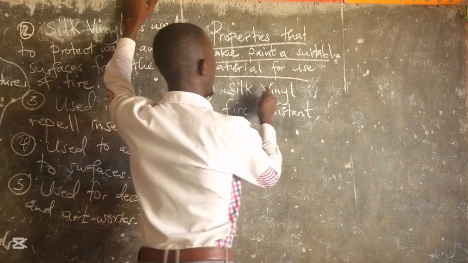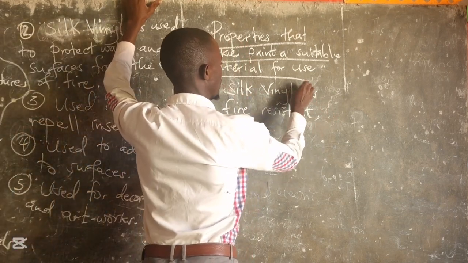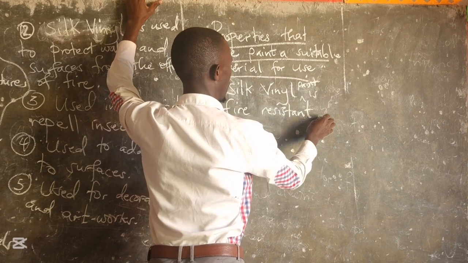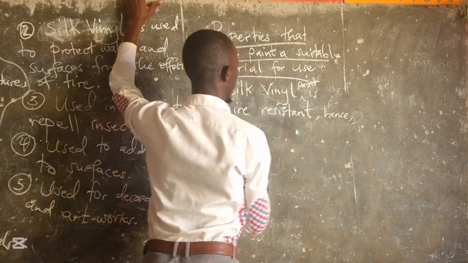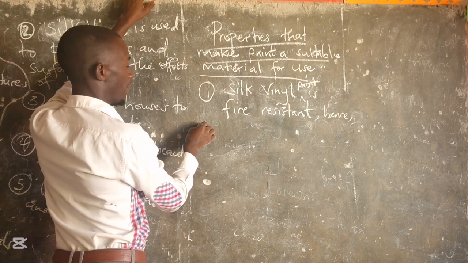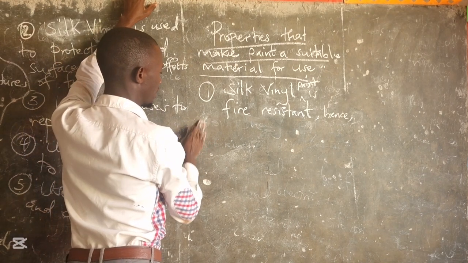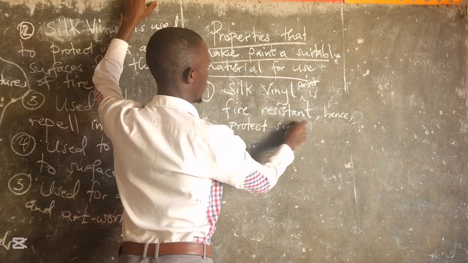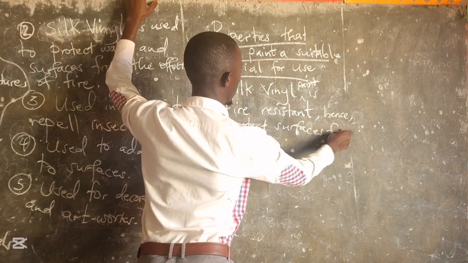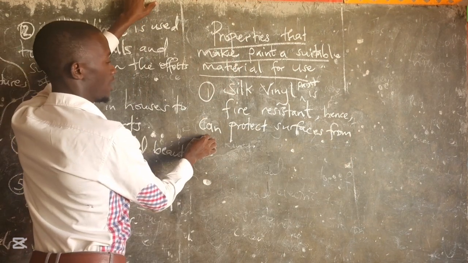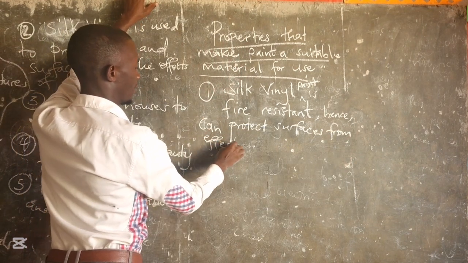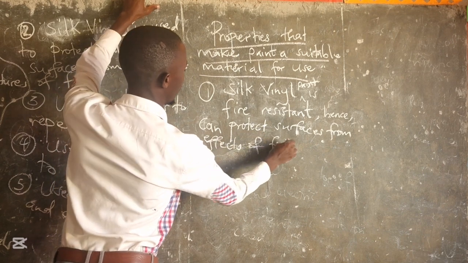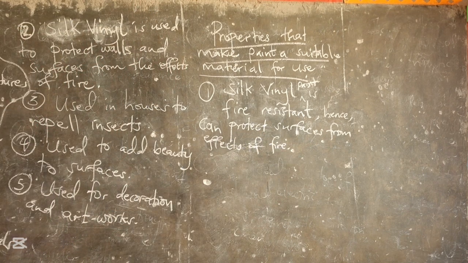And this makes the silk vinyl paint protect from the effects of fire. So we are giving the different properties that make paint a suitable material for use.